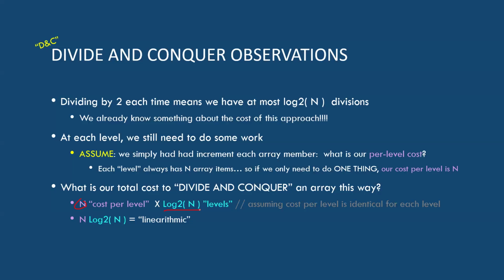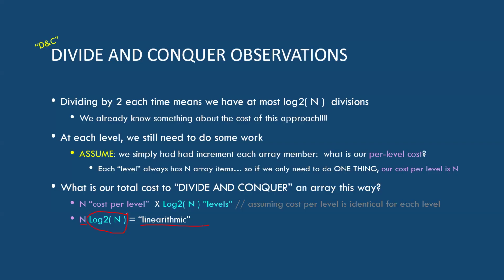So many of the algorithms we're going to look at are going to have that kind of a cost profile. They might have a 2n cost per level or a 3n cost per level, right? But n will be somehow in that coefficient that precedes the logarithmic term, and that's why we call it linearithmic.